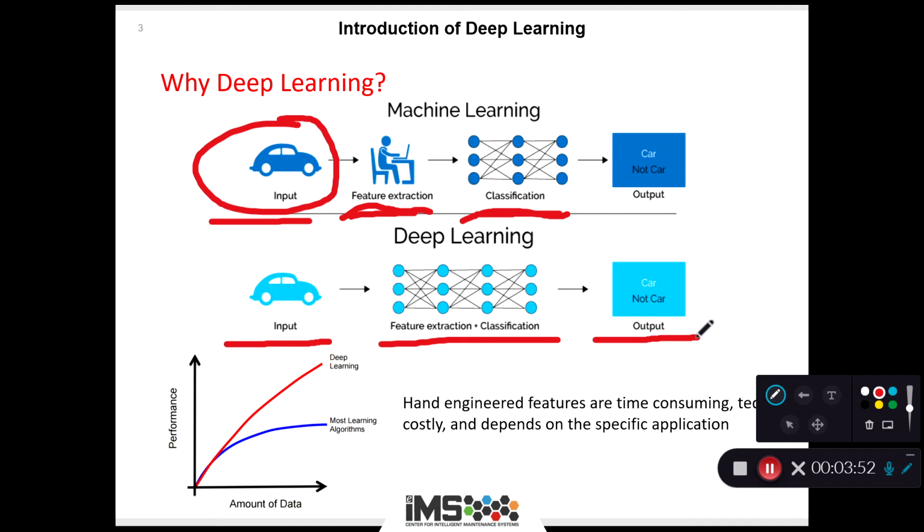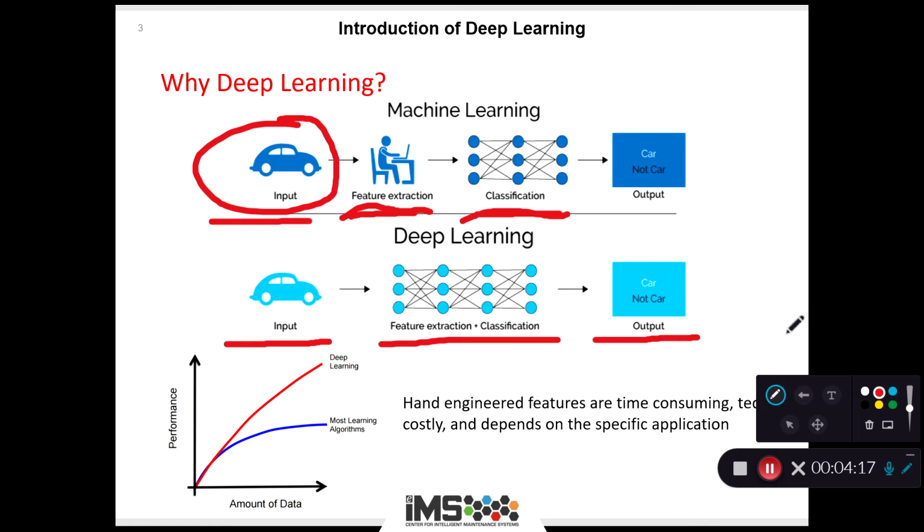So we don't need to manually design any features. It is very automatic. The whole flowchart is very straightforward and simple, and it doesn't need much prior knowledge or expertise in signal processing or something like that. So it is a very straightforward workflow.